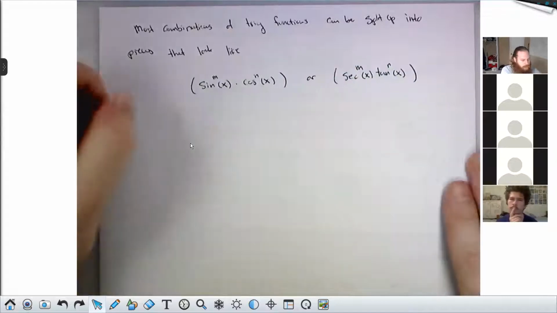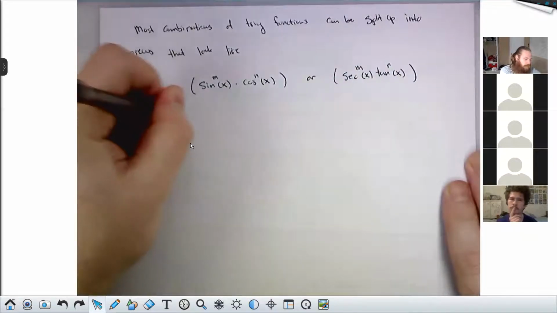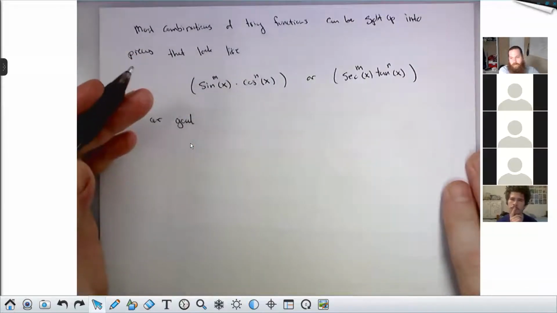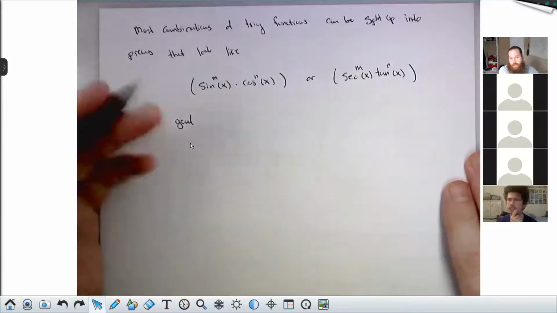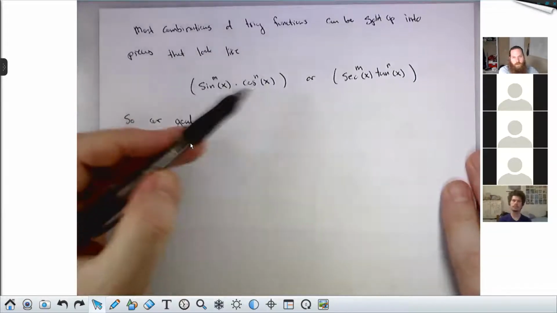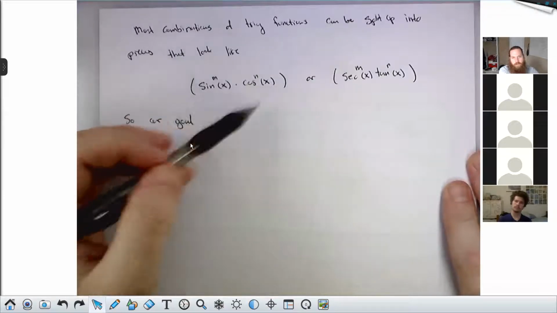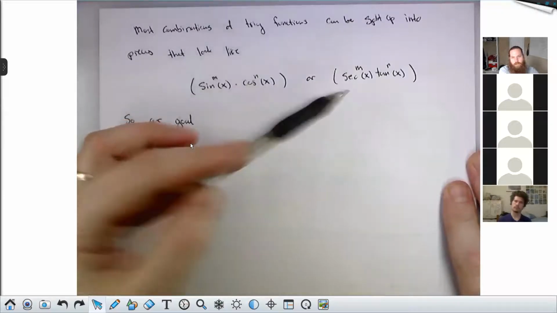So our goal is just a consequence of the reciprocal identities, right? That tangent is sine over cosine, that secant is 1 over cosine. So if you take any rational combination of sines, cosines, secants, and tangents, you can write them as stuff that looks like this plus stuff that looks like this.